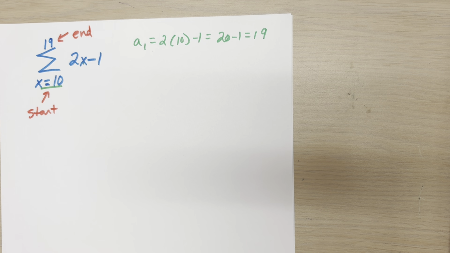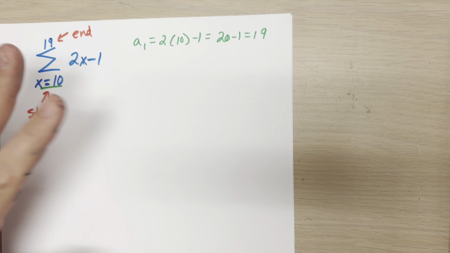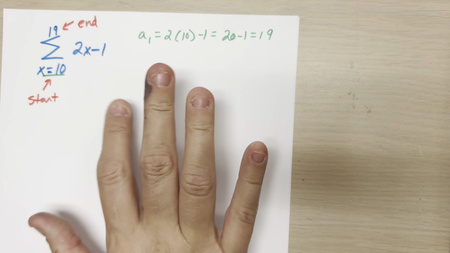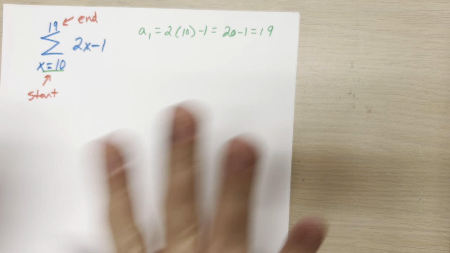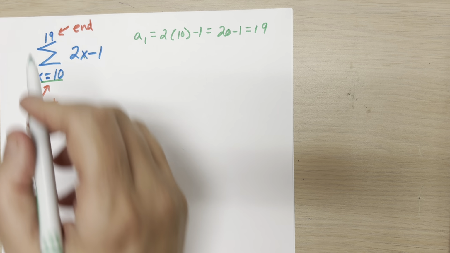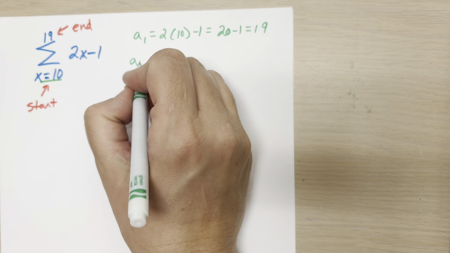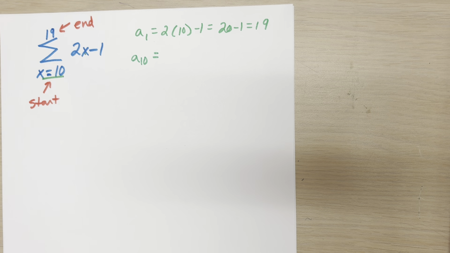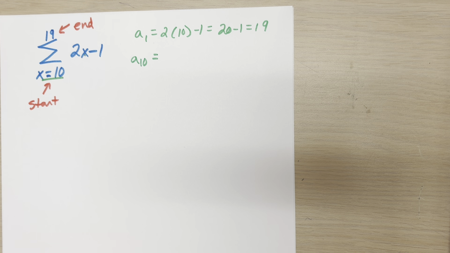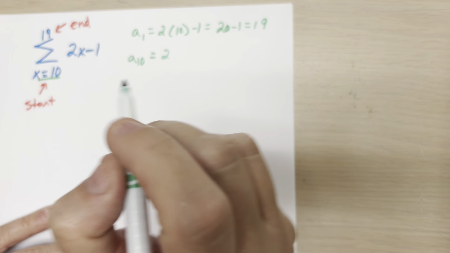But be careful, because you're going from 10, 11, 12, 13, 14, 15, 16, 17, 18, 19. We're actually going up 10. So this is going to represent the 10th term in the sequence. Isn't that weird? That always messes kids up. It messes me up. So don't feel bad if you got tricked.